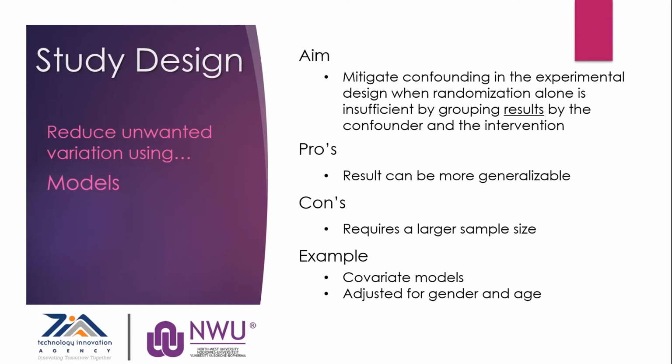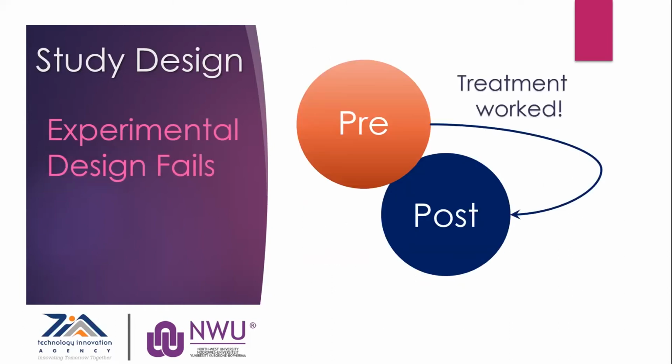So it is a bit of give and take. Models are also a little bit more complex because you're using covariate models, and the typical example would be adjusting for age and gender, which the epidemiology guys usually do.